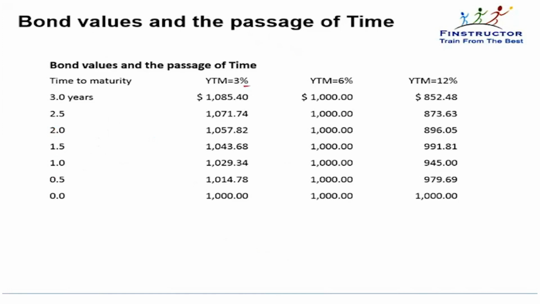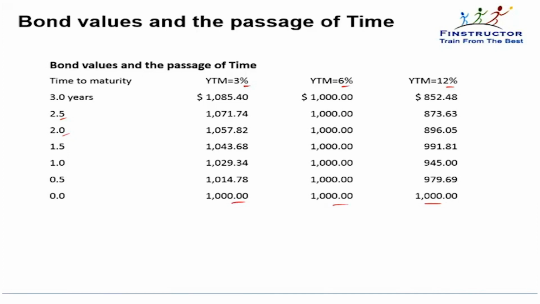For each of these bonds, if we kept reducing the time to maturity, to begin with it was 3 years, and we reduce it to 2.5 years, and then to 2 years, with only N continuously being reduced and everything else constant, we would have seen that at maturity, the value of all bonds is equal to par value.